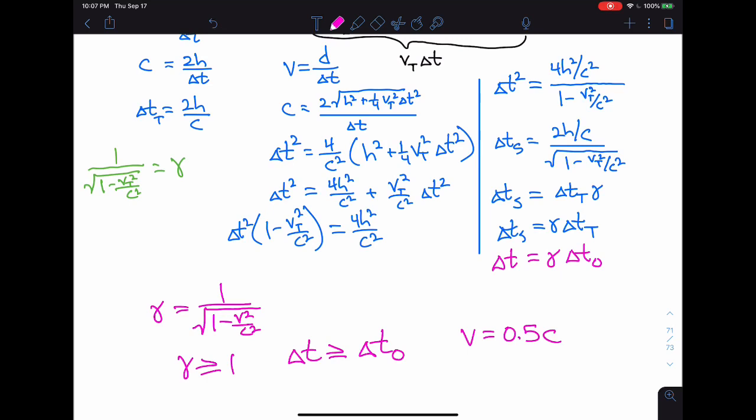The reason we do this is that when I do v squared over c squared, that would be 0.5 squared c squared over c squared, and then the c squareds cancel. So we will often be expressing our speeds in terms of the speed of light. Not always. Sometimes we do need the actual number, but a lot of times the velocities will be expressed in this manner.